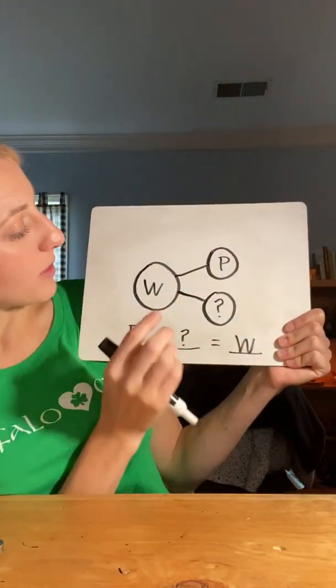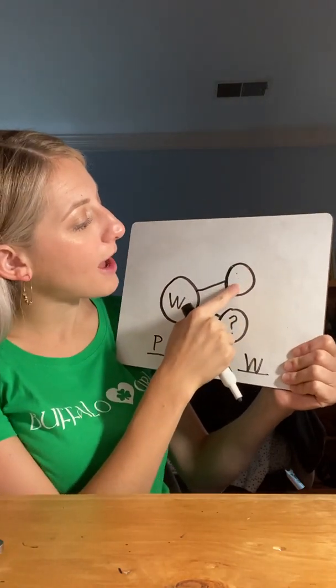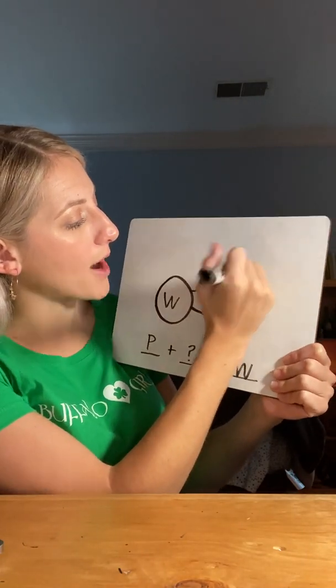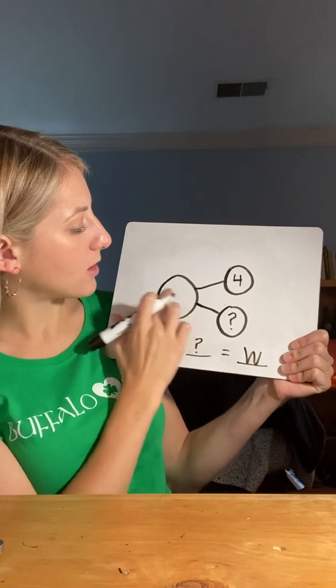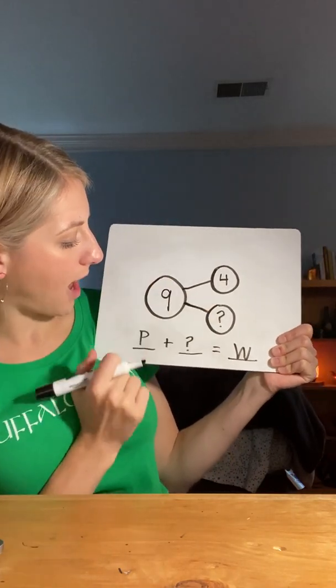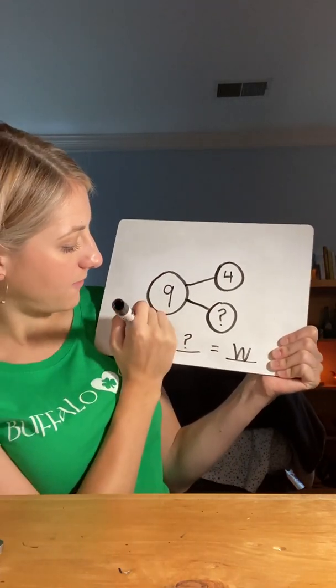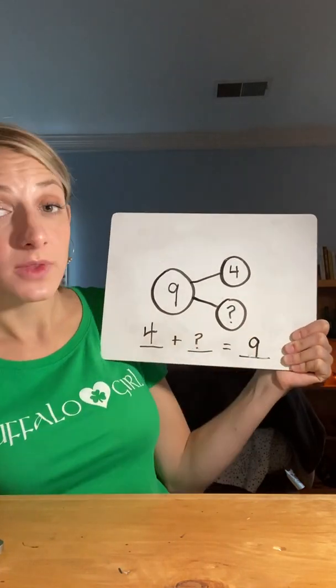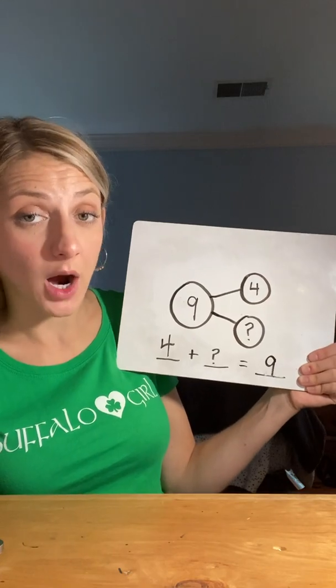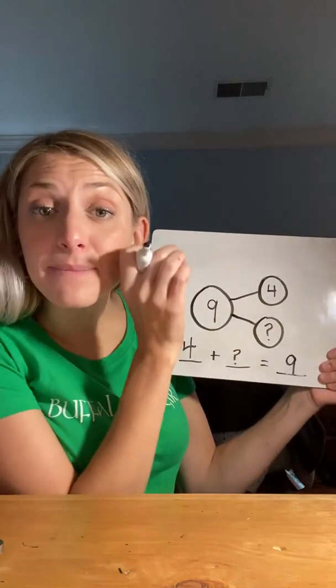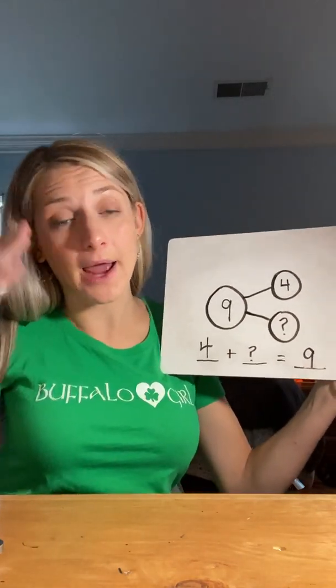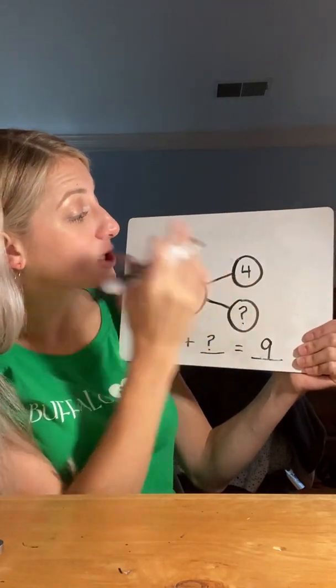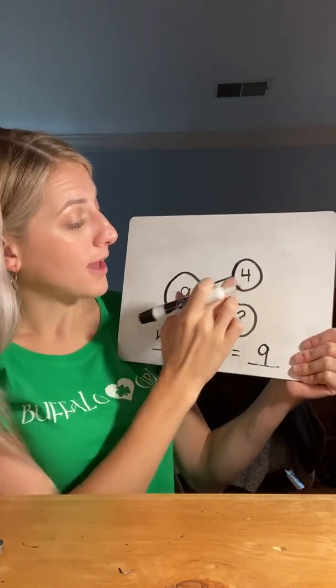What if I wanted to solve it with blocks? The part that I have is 4, and the whole is 9. I want to find the missing part. So it's the same thing as if we're counting in our head. I'm going to start with the part and count up to the whole and stop.